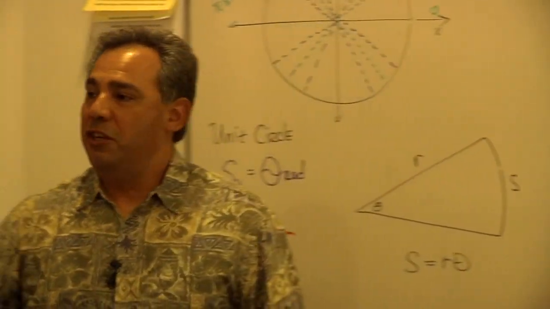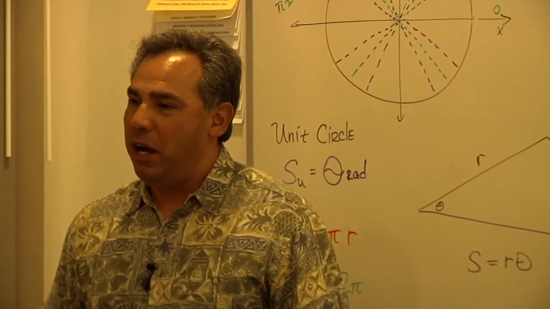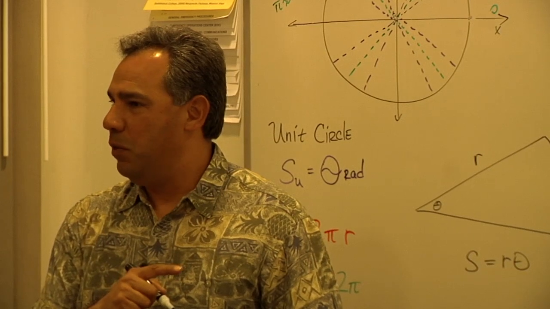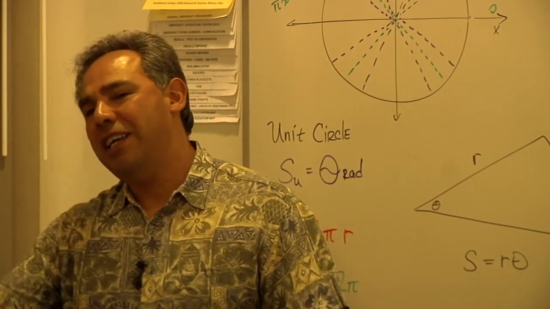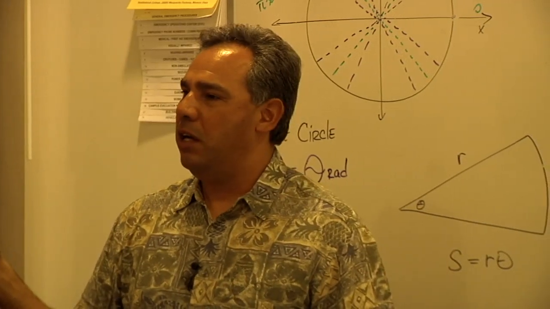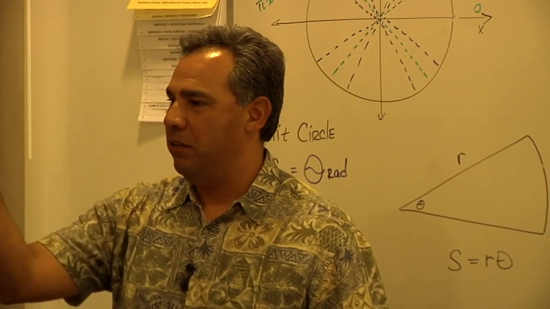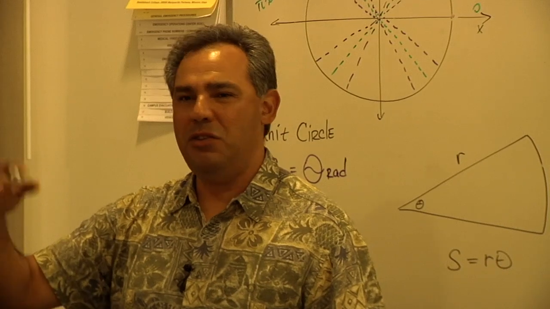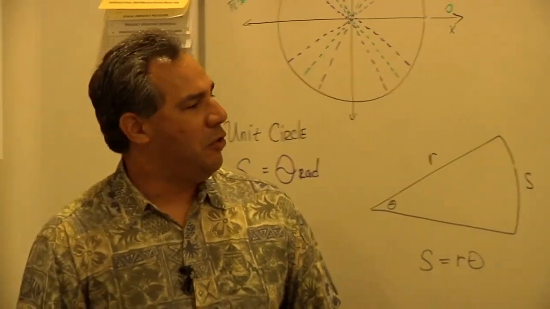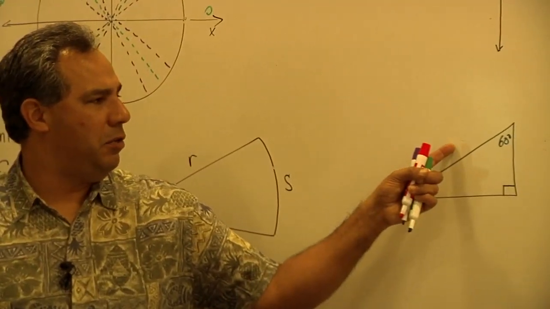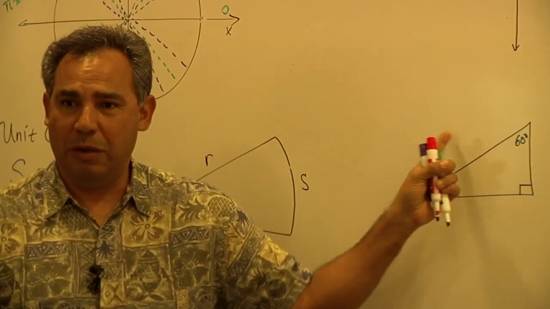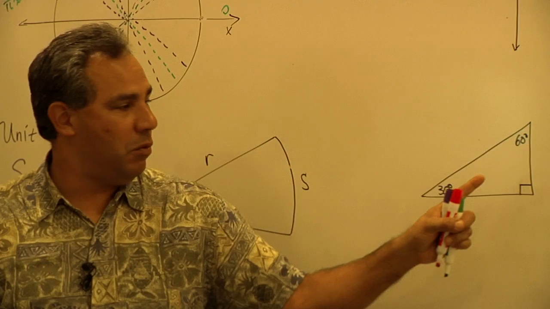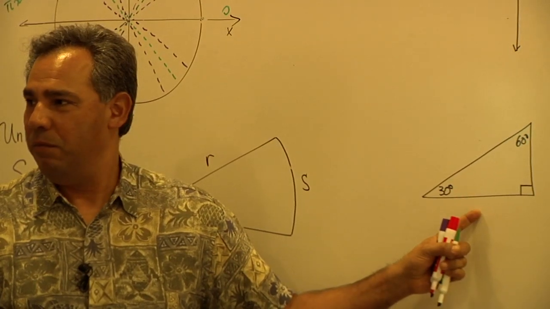In terms of the unit circle, we want the hypotenuse of these triangles to be what? 1. See, in high school, a lot of times they teach you these triangles with a hypotenuse of what? Of 2, right? They do that because it's easy to remember. In high school, you were taught, okay, the hypotenuse is 2, the shorter leg is half of the hypotenuse, so that one was 1, and this one was root 3.